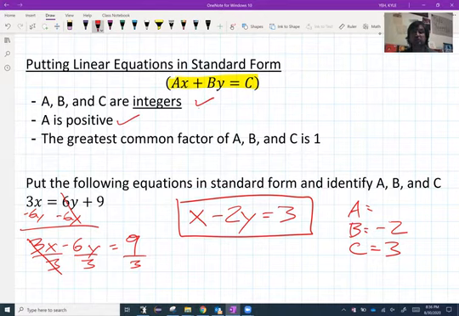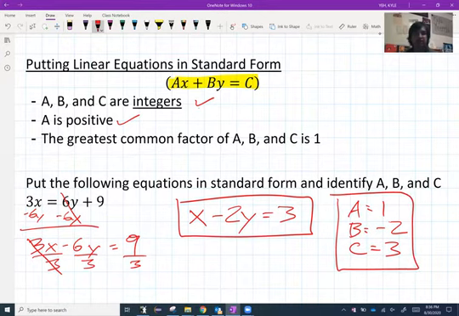So we do want to say -2 there. How many x's do we have? We don't see a number in front of the x's, but if you remember, that's our clue. It's the invisible 1. 1x is the same as just x. We often just write it as x. So x minus 2y equals 3 means a is 1, b is -2, and c is 3.